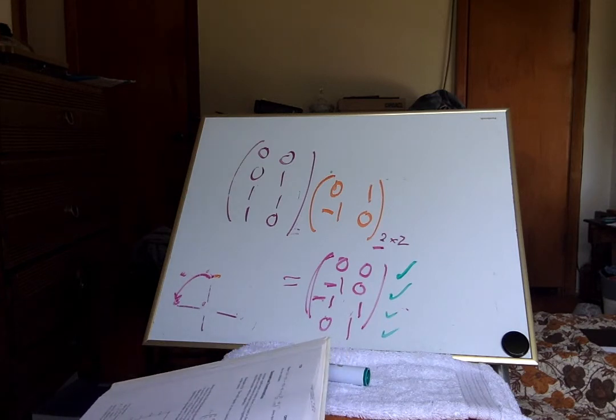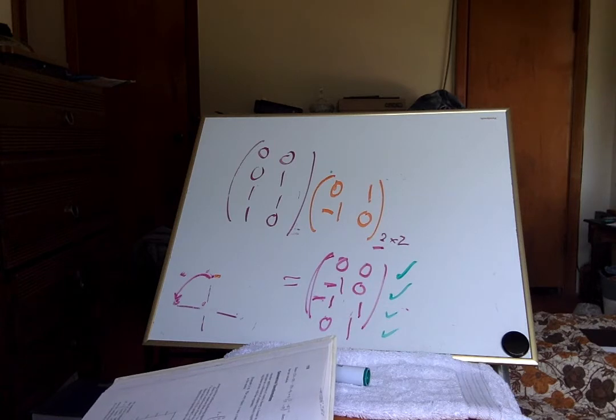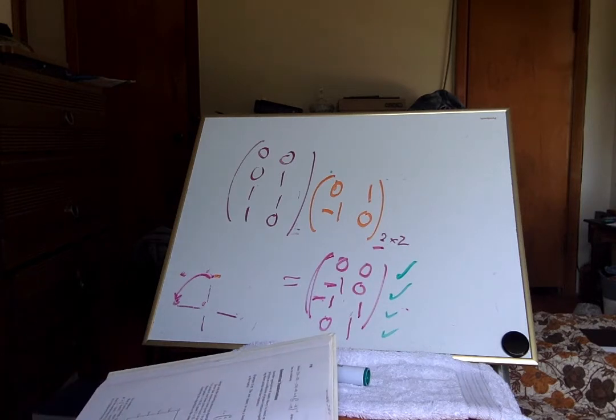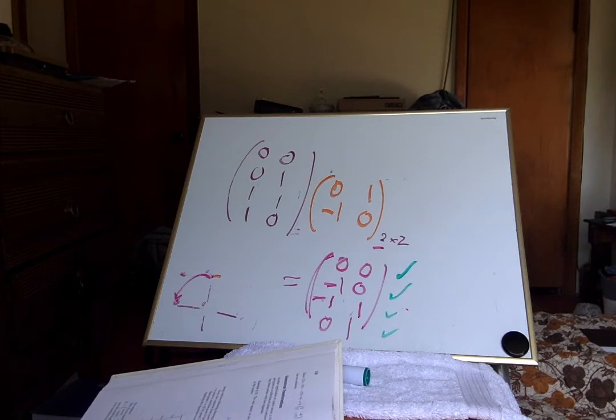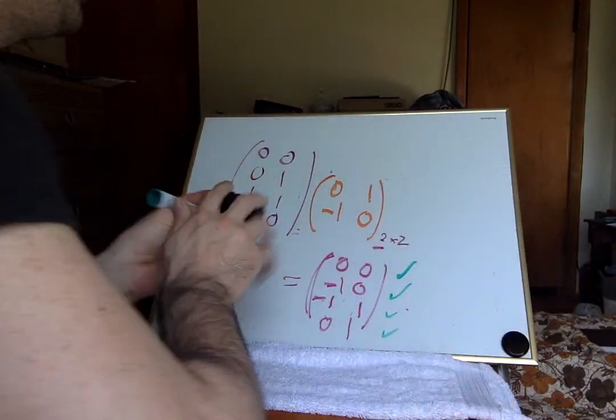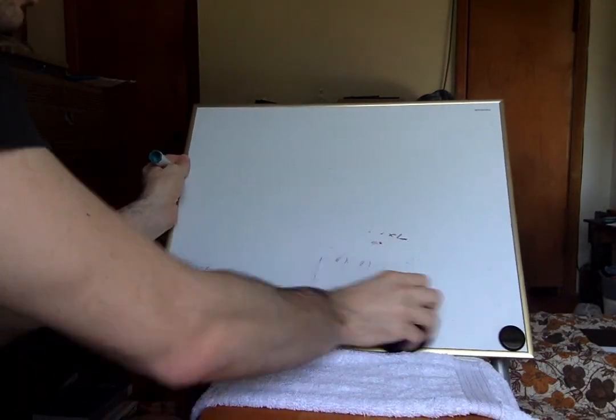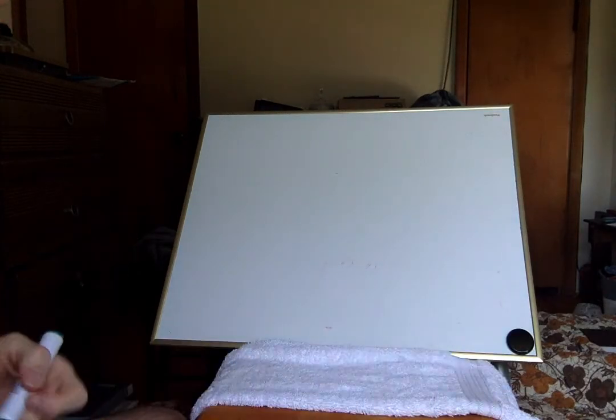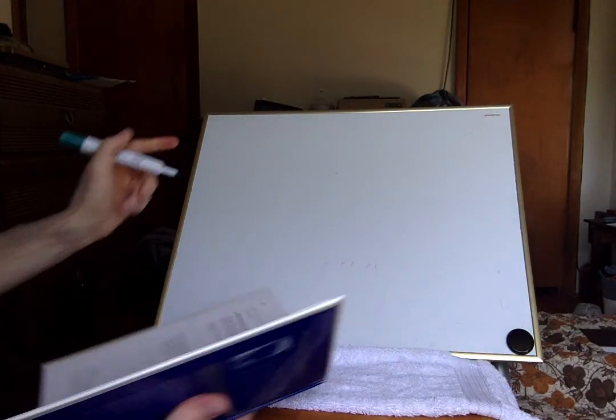Finally, at the bottom of page 119, they have example 3.11. So in 3.11, they use a 3 by 2 matrix. Their 3 by 2 matrix is the following.